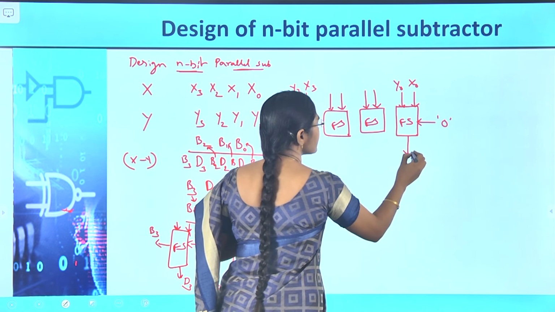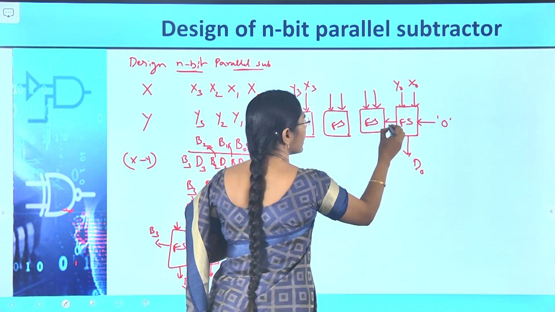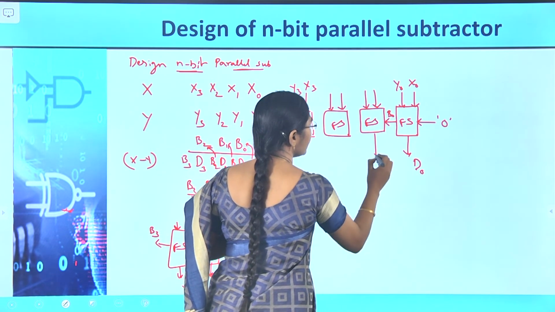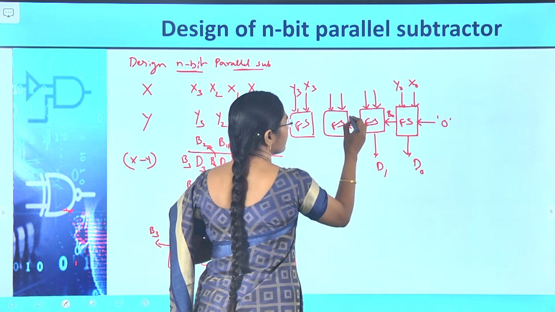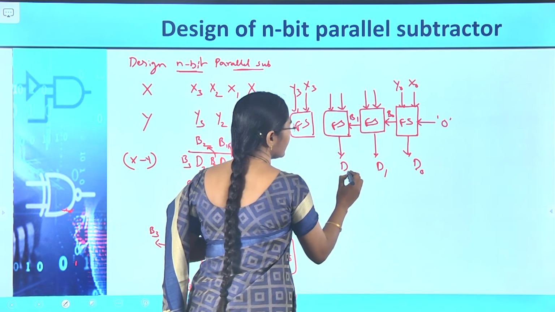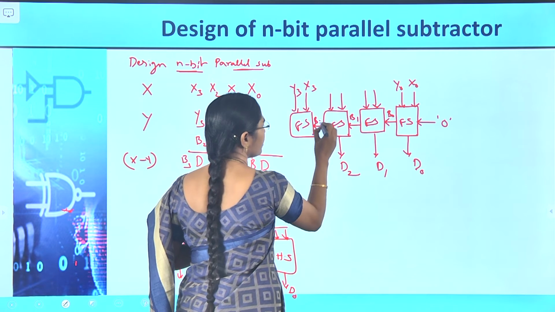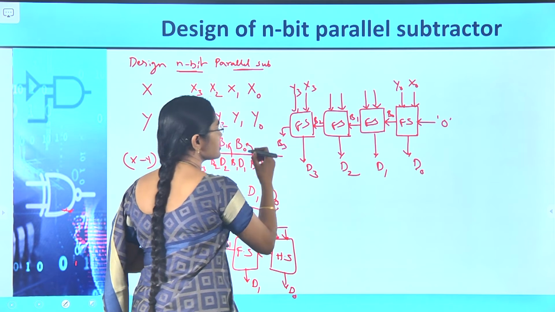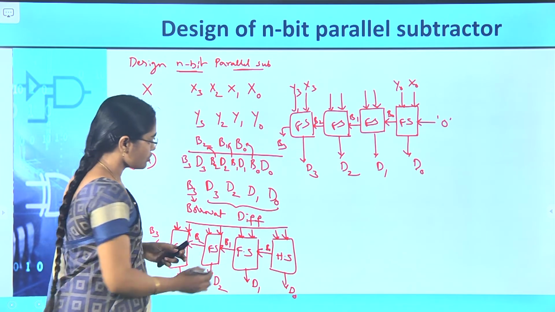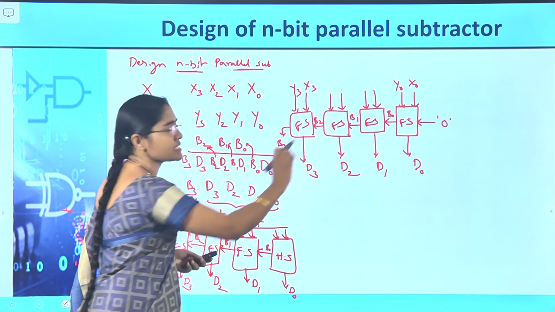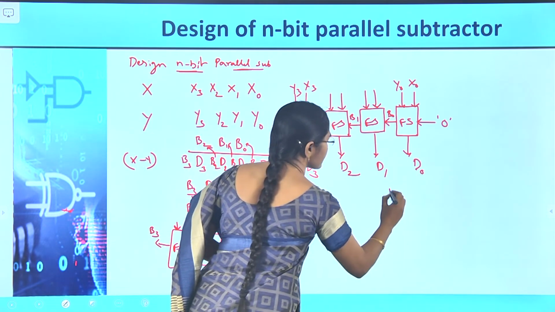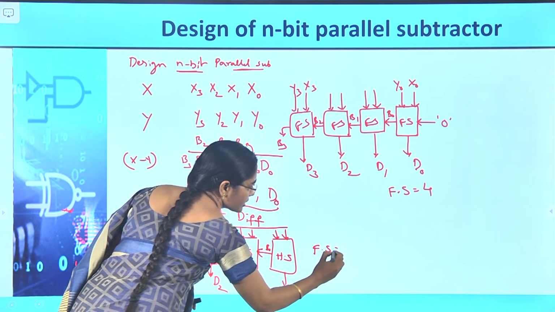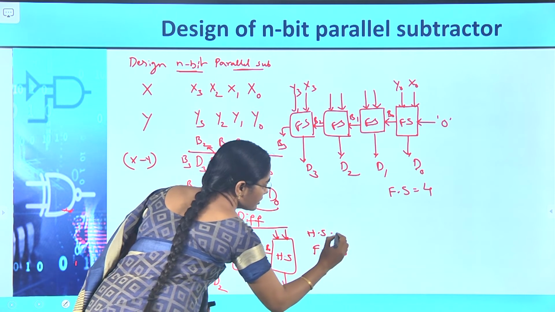Then this full subtractor is giving D0 and output borrow to the next stage, that is B0. Similarly, D1 and B1, then D2, B2, it is D3 and B3, where B3 is the final borrow out. So with half subtractors and with full subtractors, here the number of full subtractors required is 4, and here the number of full subtractors required is 3 and half subtractors required is 1.